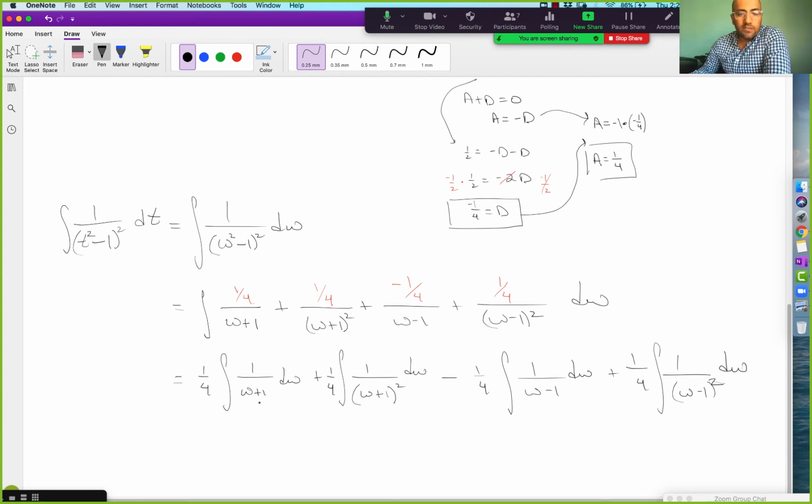Good. Okay, so that one's easy. This one, you might want to think about it as a quick little substitution here, or you can just kind of power through it. Remember that, again, we've seen this before. If we have w to the power of 2, then we can rewrite this as w to the negative 2.